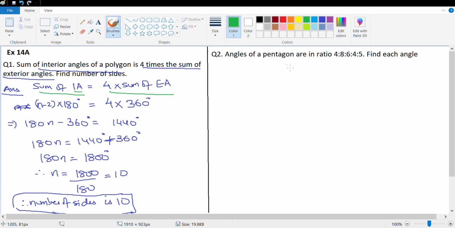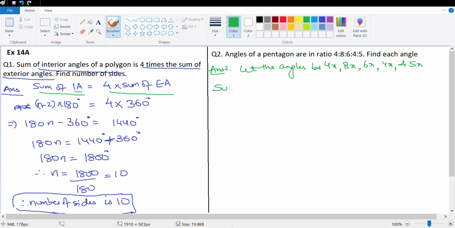Question 2 says the angles of a pentagon are in the ratio 4, 8, 6, 4, 5. Find each angle. So let the angles be 4x, 8x, 6x, 4x and 5x. So these are 5 angles.